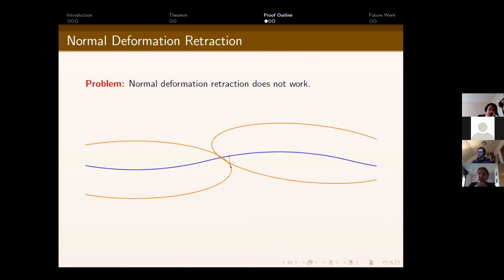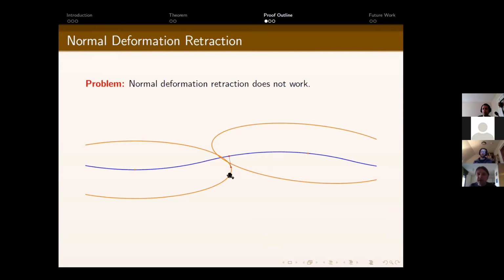But yes, the proof is something completely different from what Niyogi, Smale, Weinberger and other people who did similar things did, because the most straightforward idea, the normal deformation retraction, where you just deformation retract to the closest point on the manifold, simply doesn't work. And here's an example.